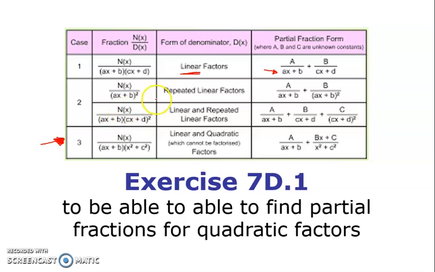And then we also saw what we called repeated linear factors, and these were the same, but they invariably had a squared in somewhere. It could be either one of these two.